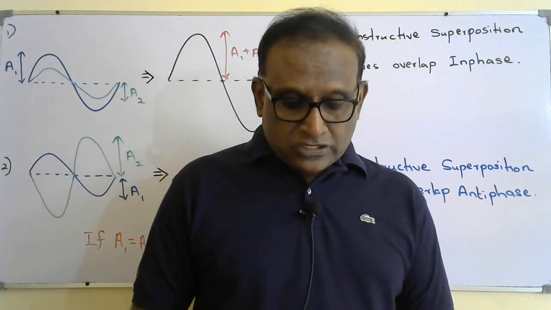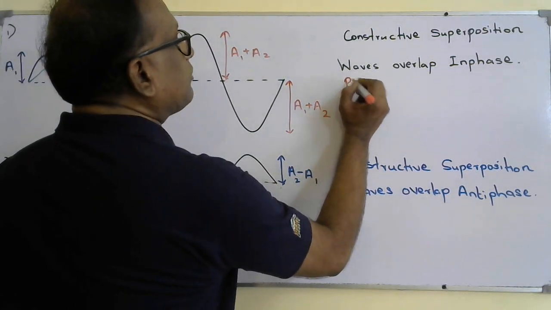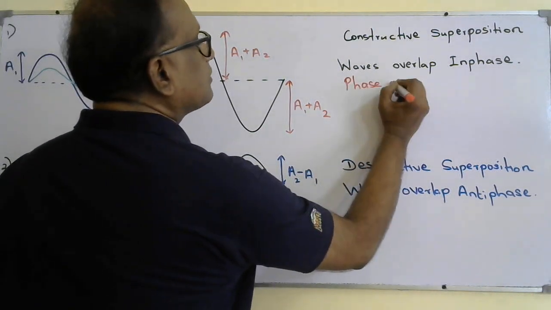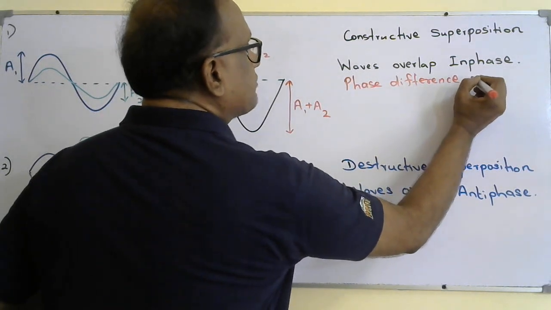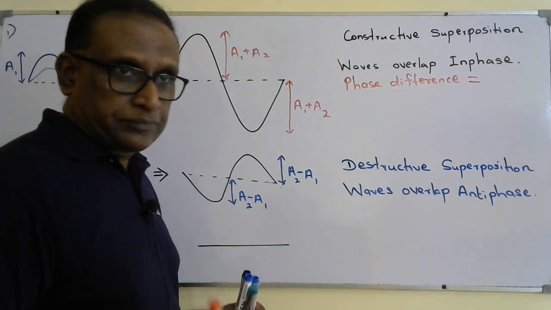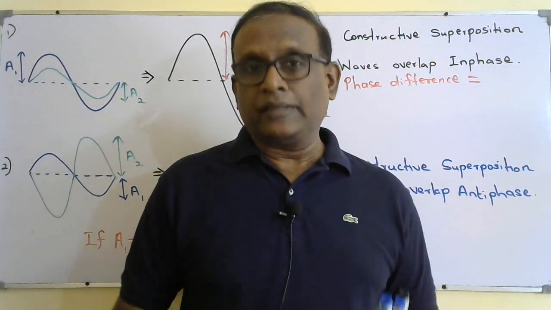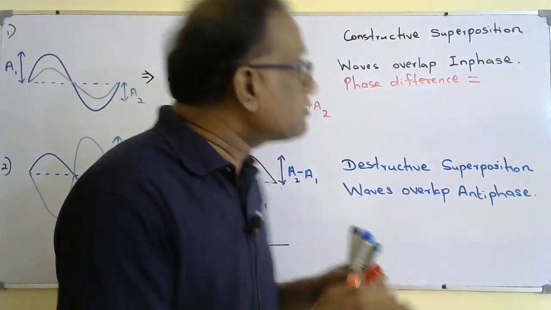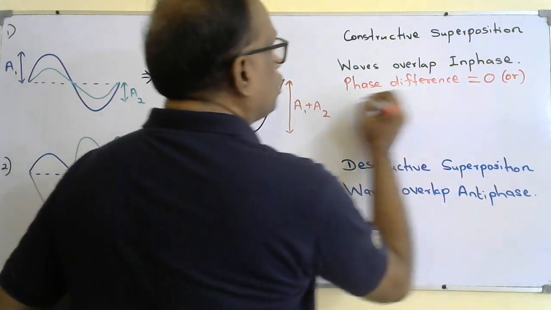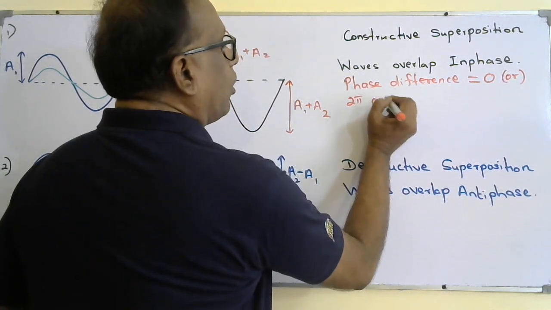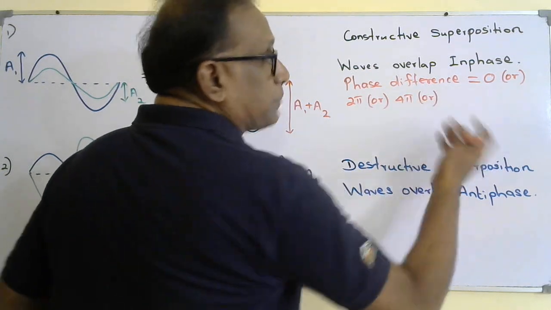Then the phase difference between the two waves could be either 0 or 2 pi radians or 4 pi radians or 6 pi and so on.